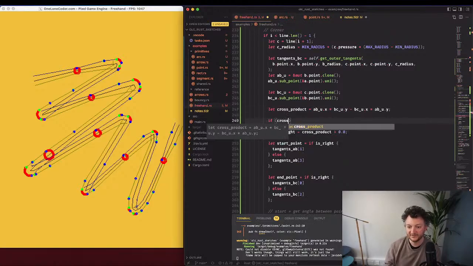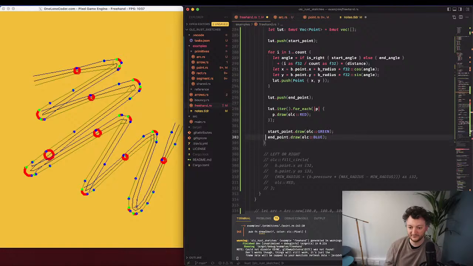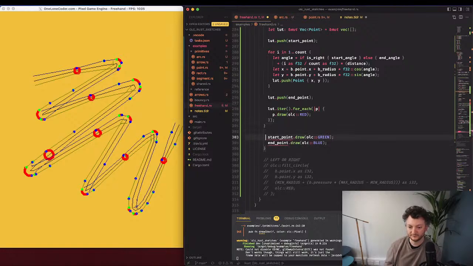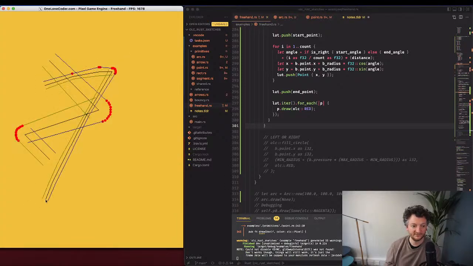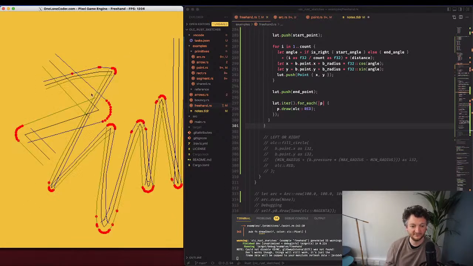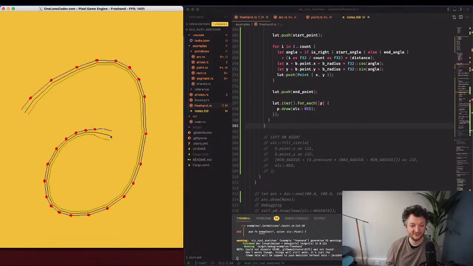If the absolute cross product is greater than 0.01, do all this stuff. Otherwise, don't. See what that looks like. All right, we're getting there. We are definitely getting there.